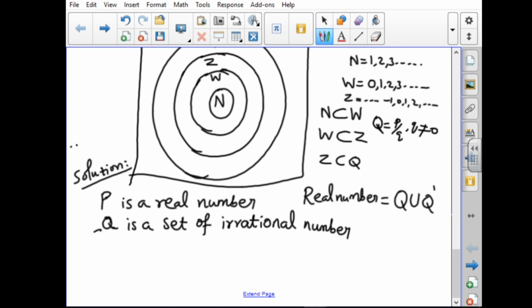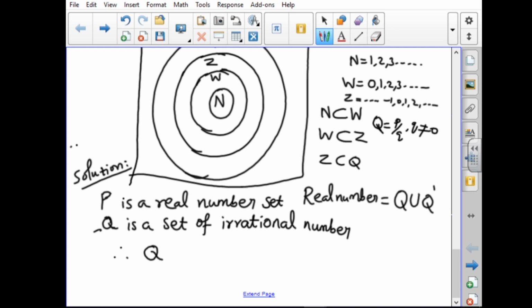Okay. Q is a, sorry. In the question we are taking P as the real number set and Q as the set of irrational numbers. So from the diagram we know that Q, don't confuse, here Q is the rational number. In this question we are taking Q as the irrational number.